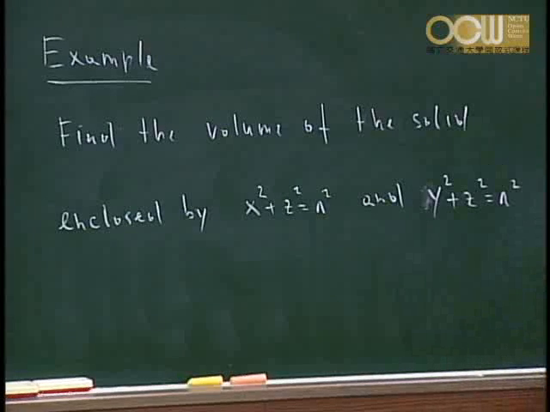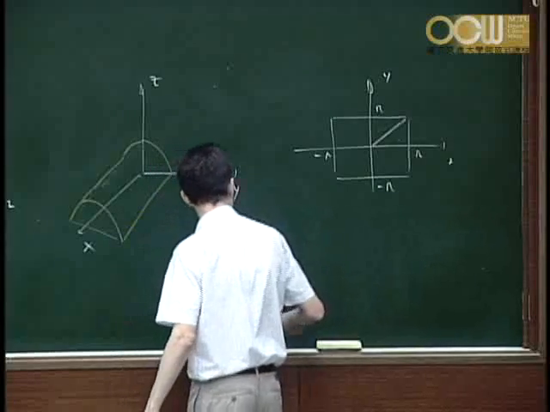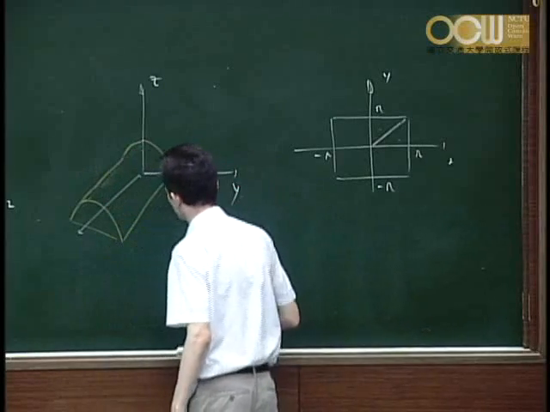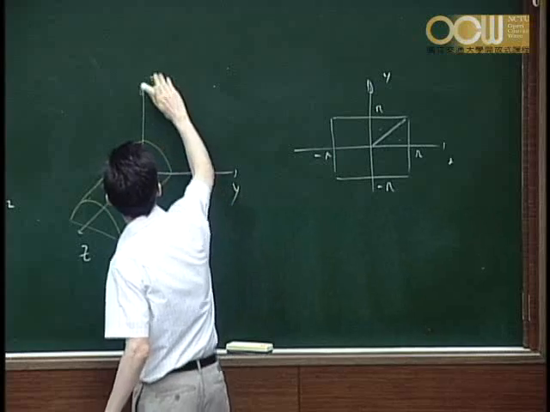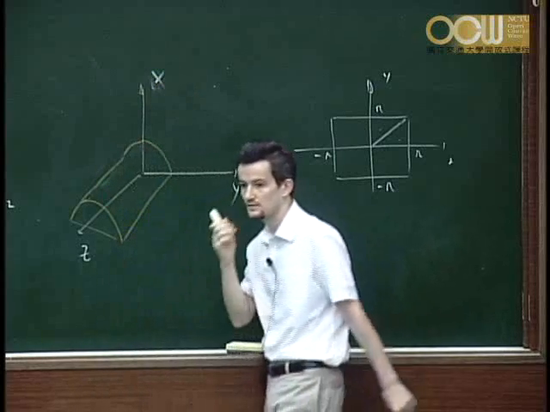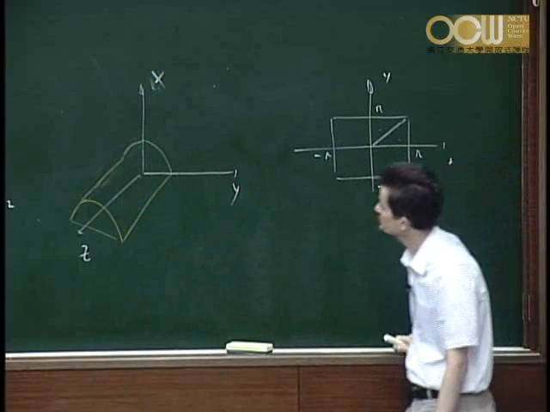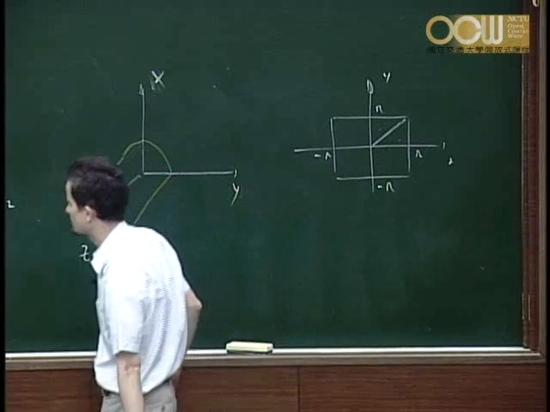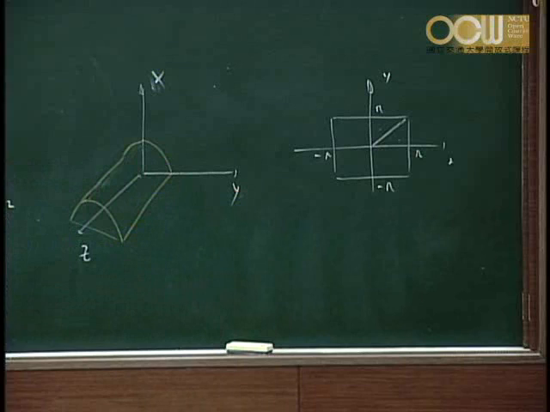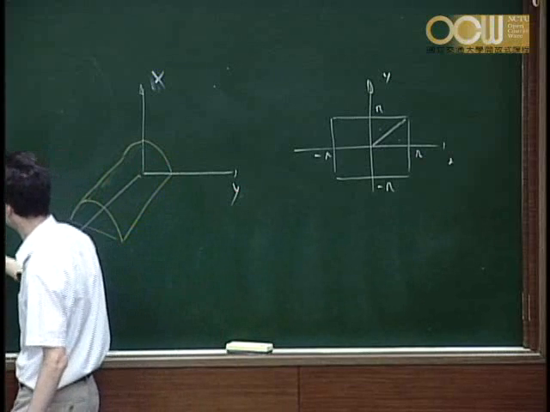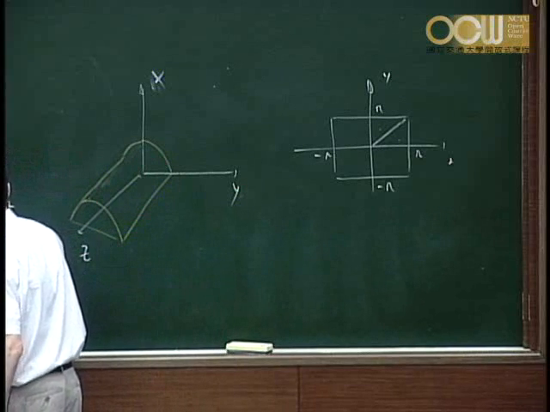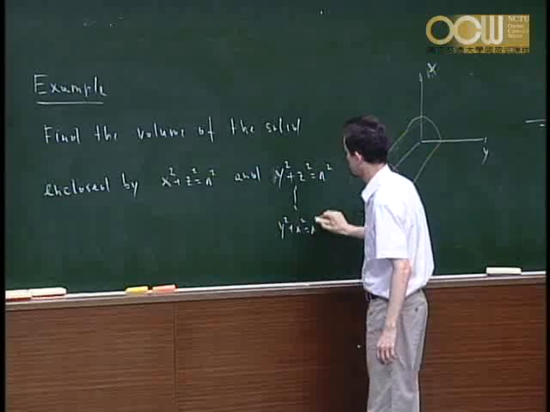So for this example it's good to relabel, for instance, like this. This makes the situation easier. So you interchange z and x. Then here you do nothing, but here you replace this one by y squared plus x squared is equal to r squared.